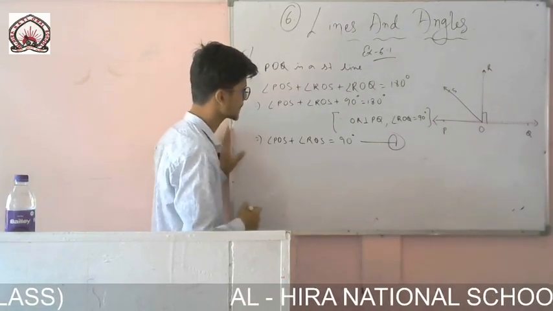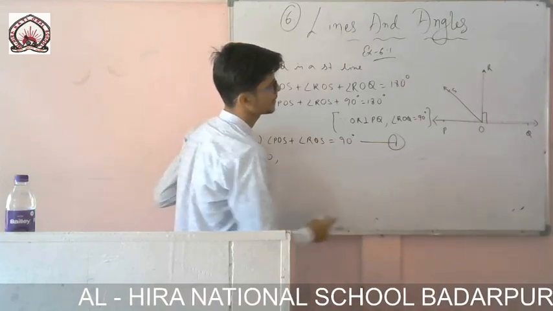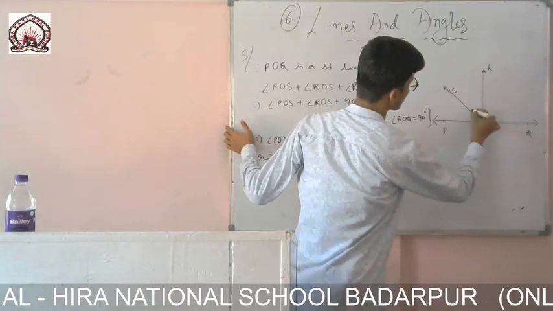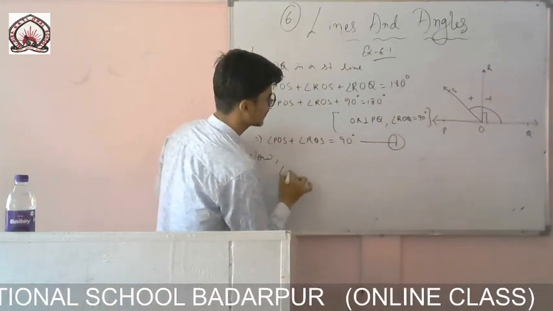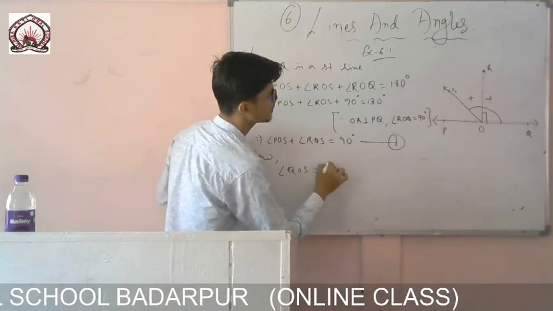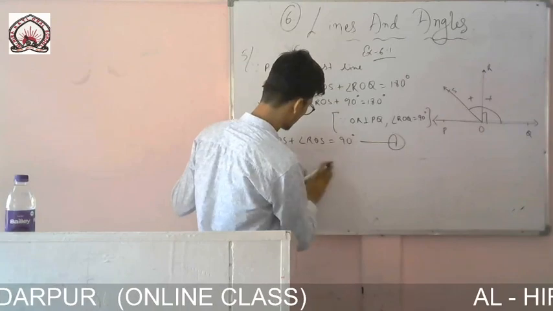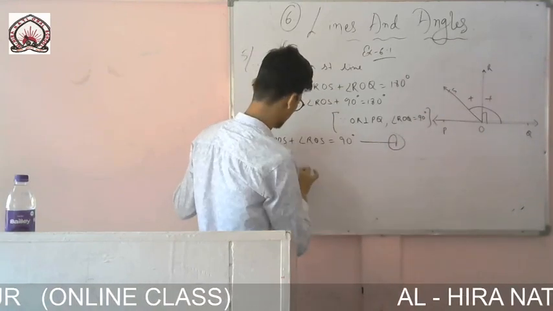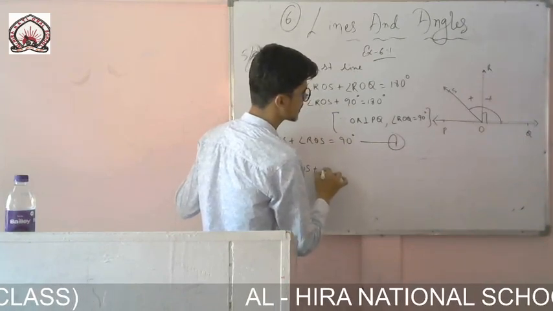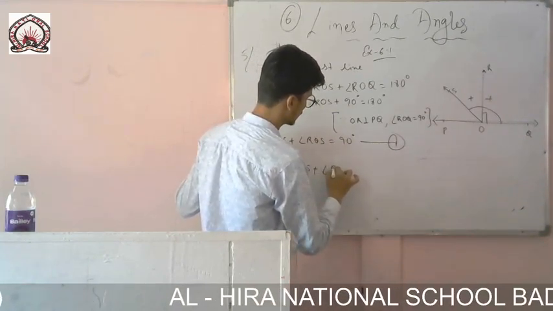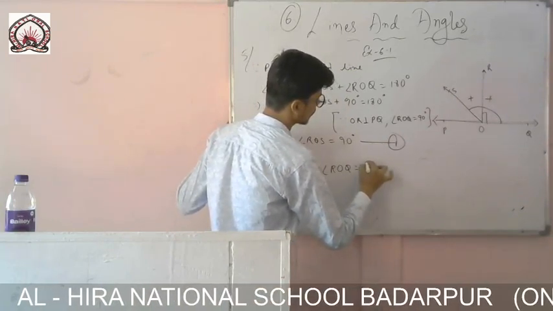Okay, you see here one thing. So now I can write this angle QOS, this whole angle, that means this one plus that one. So angle QOS is equal to angle ROS plus angle ROQ.